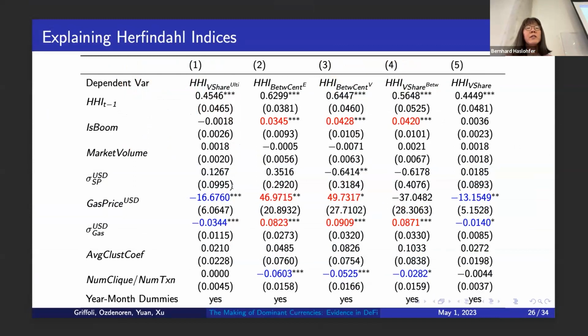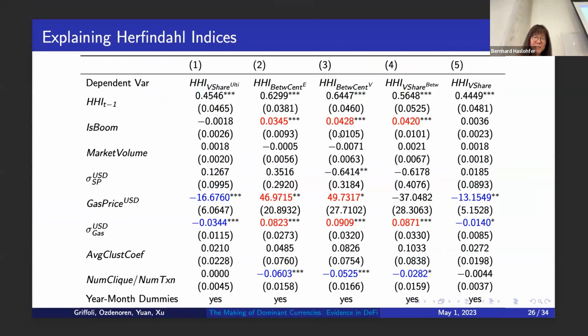We try to explain the Herfindahl indices in a time series regression, and see why we observe in certain periods there's higher concentration, and some periods there's less concentration. You see in boom, I'll just highlight, just focus on these colored numbers, because there are a lot of numbers here.